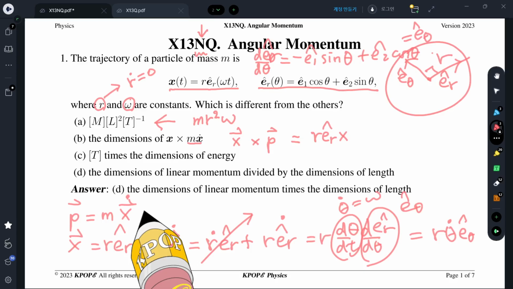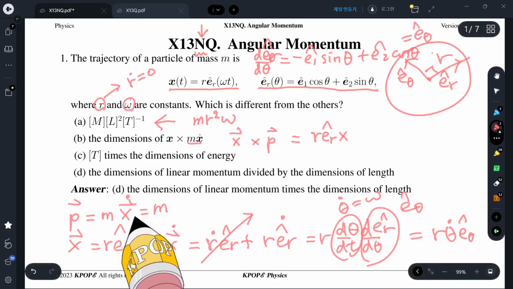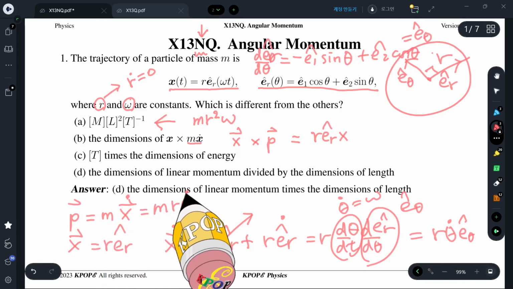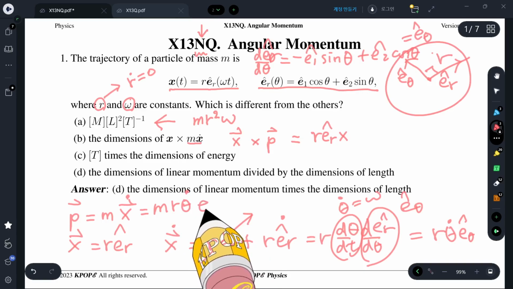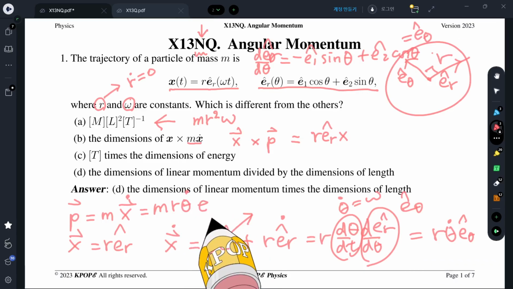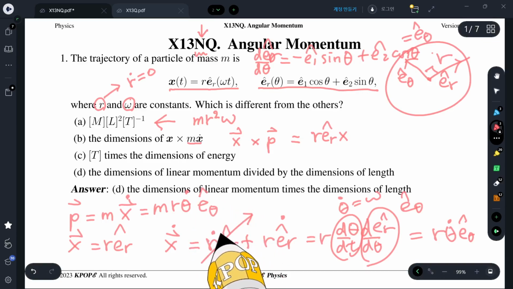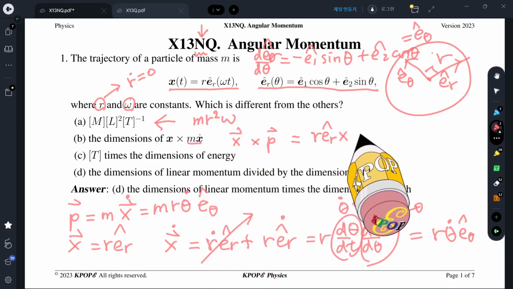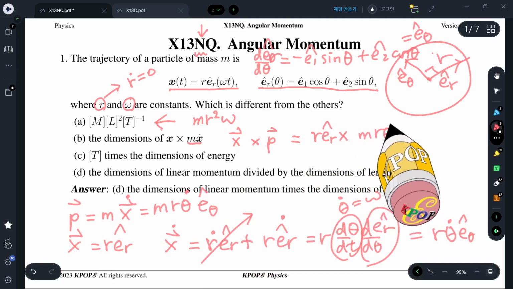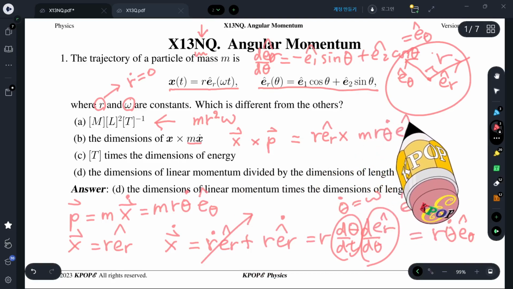So if I substitute m r theta dot e_theta, x cross p is m r theta dot e_theta crossed with r e_r.